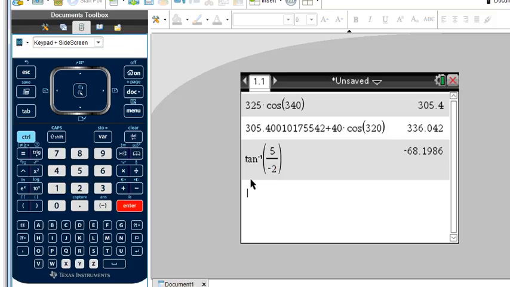Well, to be consistent in this exercise set, we're going to have these in radians. And so we're going to take this negative 68.2 degrees essentially, and convert this to radians by multiplying by pi over 180.